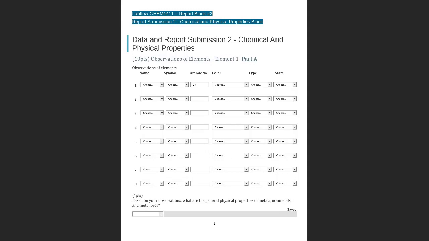And based on your observations, what are the general physical properties of metals, non-metals, and metalloids? So let's look at part A. Here, name. You're going to click on number 1. Number 1 is the first element, which is nickel.